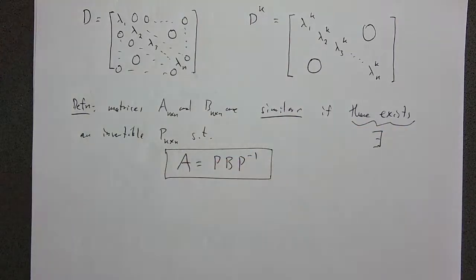Depending on your background, you might recognize this as being an example of what is called conjugate elements, or lying in the same conjugacy class. But in the world of matrices, we call this similarity. These are called similar matrices.